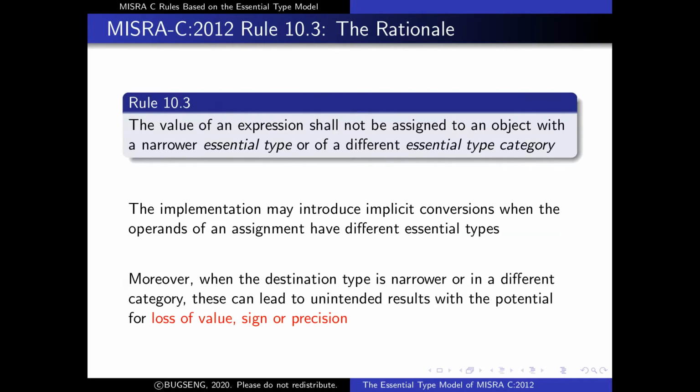In addition, when the destination type is narrower or in a different category, you can obtain unintended results. You can lose the value, the sign, or precision. Precision, for example, when you assign a double to a float: maybe you preserve the sign, you preserve more or less the value, but you are not guaranteed to preserve precision, of course, as a float may have fewer bits than double.